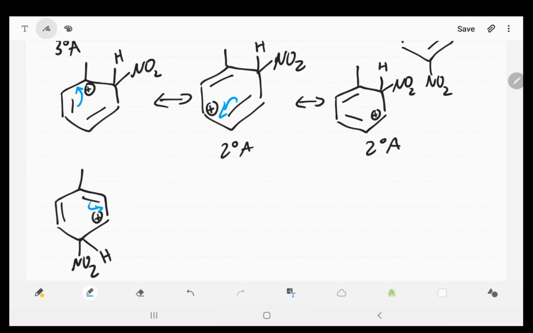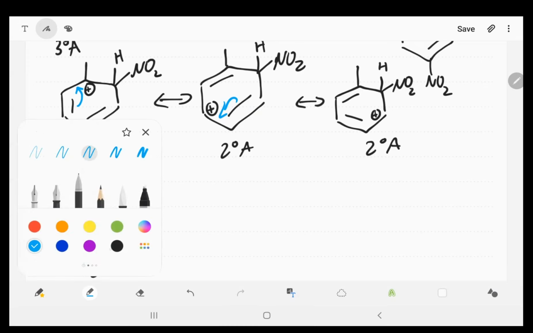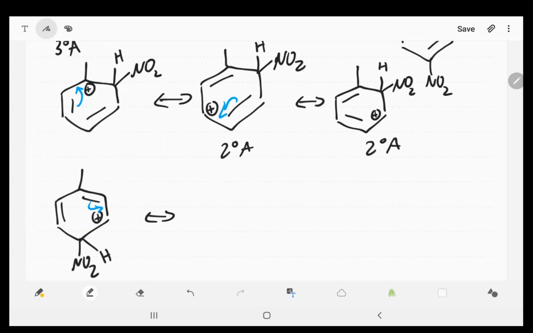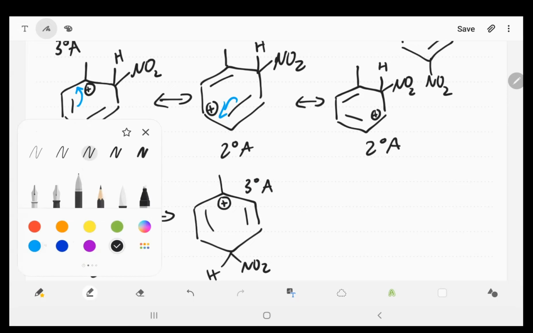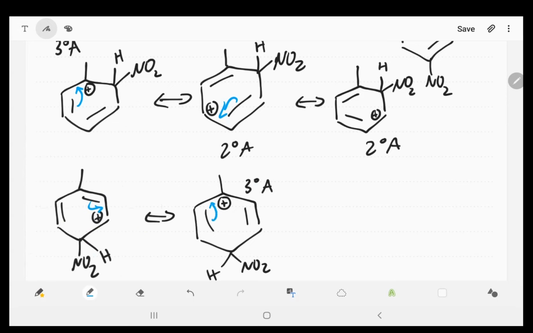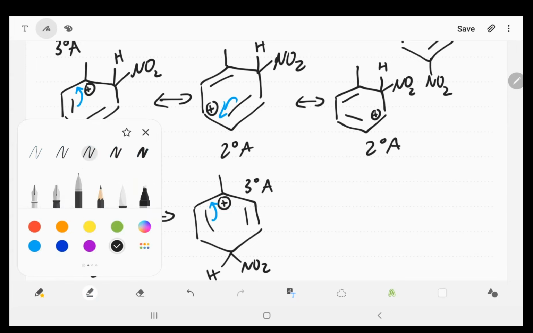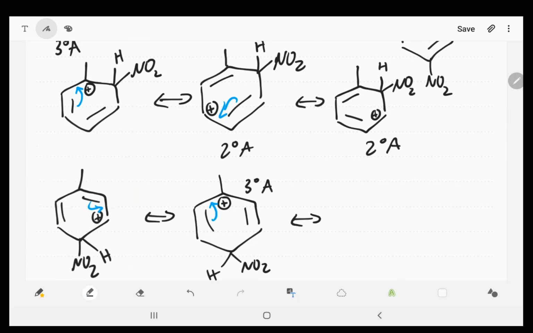So we can move this down. If we do that, we end up with our carbocation tertiary allylic again, so that's a good thing. And if we really want to show the other one, yeah, we can resonate that as well, but we're going to end up back with secondary allylic.